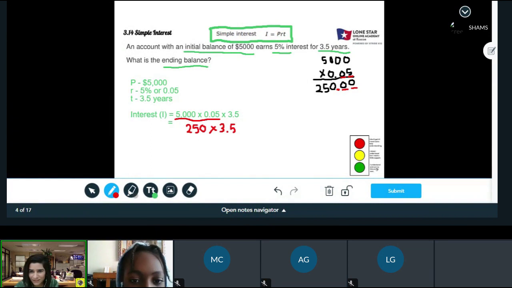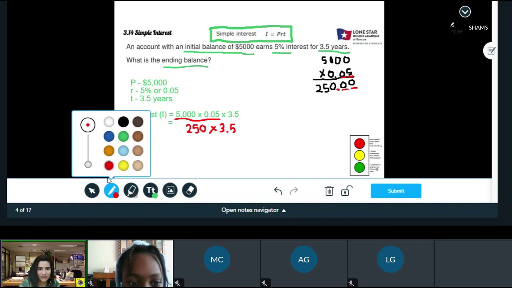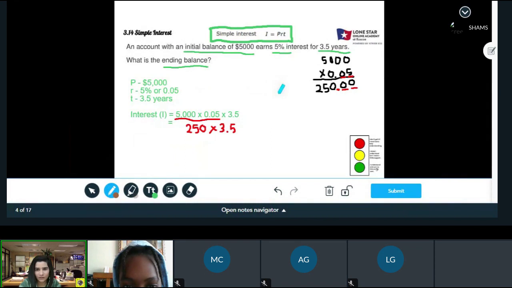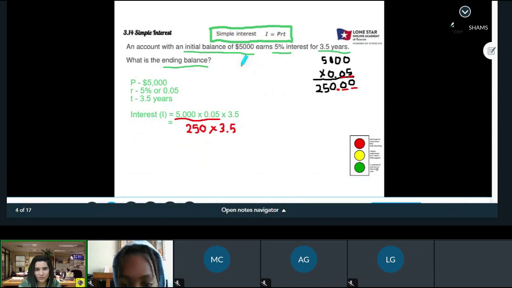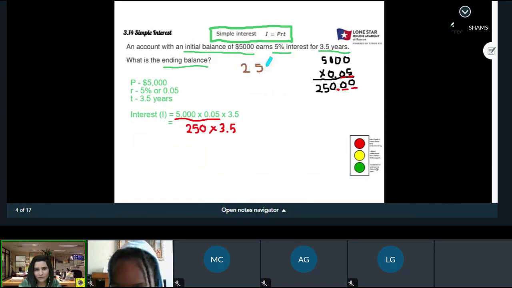It seems like you guys are still solving and working it out. Same, I will continue to solve and multiply by 3.5. And if you don't have enough room, you absolutely can do it on a piece of paper also. So let's multiply 250 by 3.5.